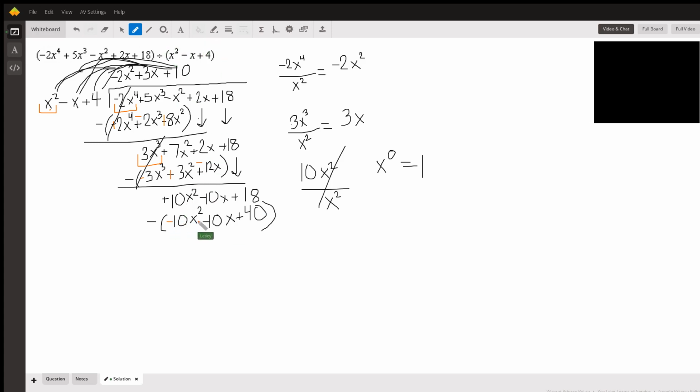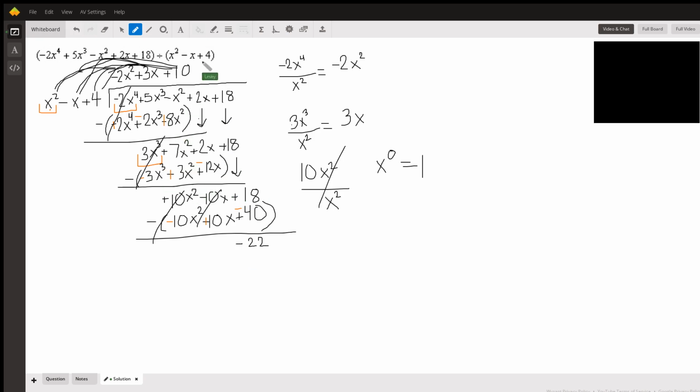Carry the negative to change all our signs. Subtract here. This also cancels out. Negative 10 plus positive 10 is 0. And then this is basically 18 minus 40, which is going to be a negative number because the negative number is bigger. That comes out to negative 22.